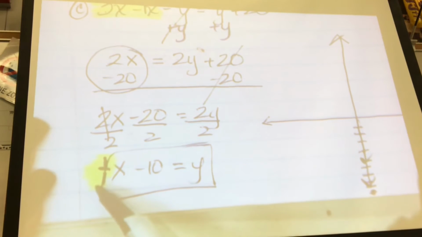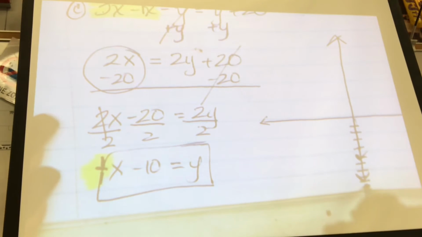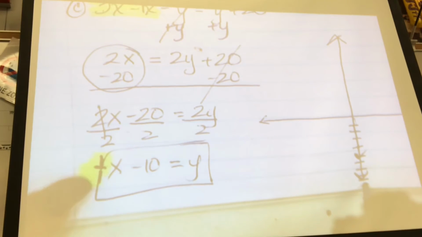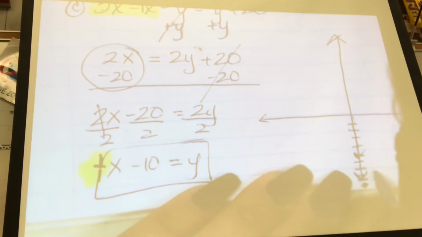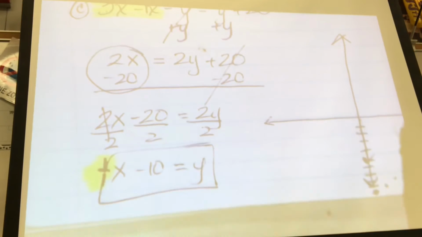Am I going to go uphill or downhill, guys? Up. Is it positive or is it negative? Positive, right? So where do I go from my home base, Savannah? I'm going to start at negative 10, and then my navigation tells me to go up 1 over 1. Up 1 over 1. And that's my line.